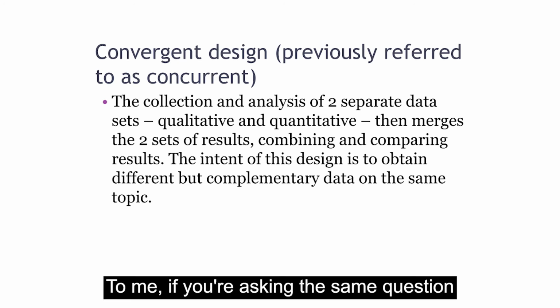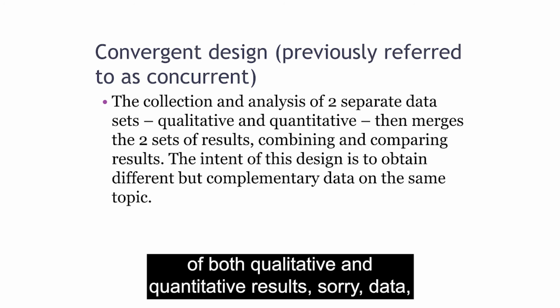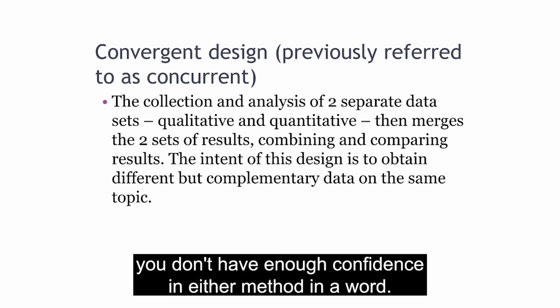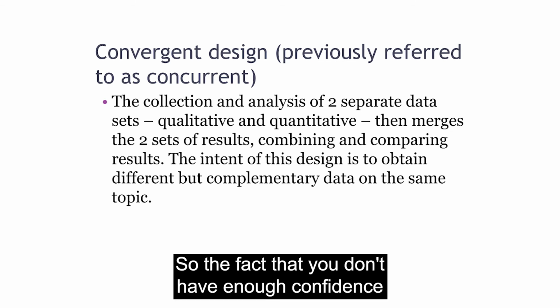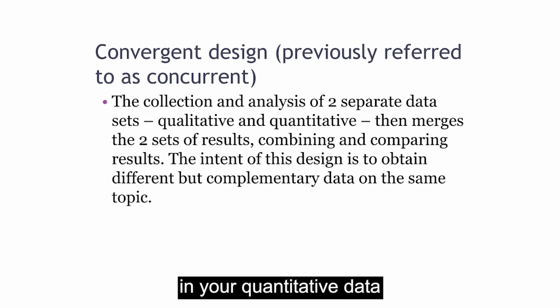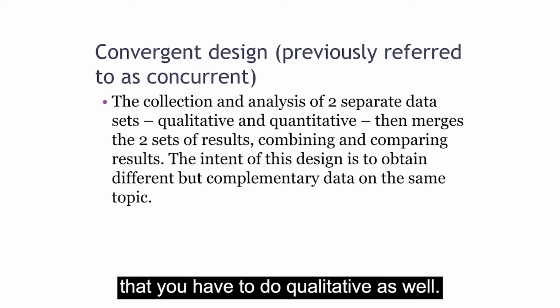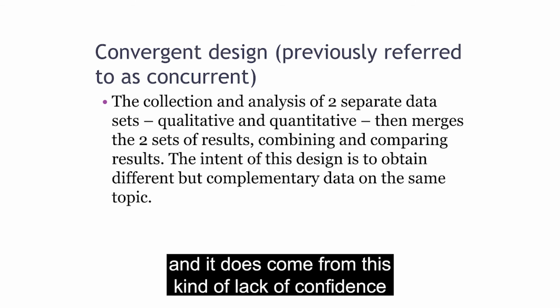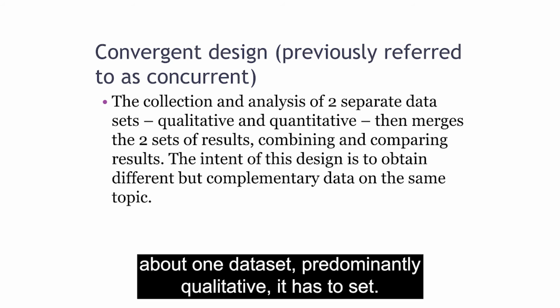To me, if you're asking the same question of both qualitative and quantitative data, and this is just a personal view really, you don't have enough confidence in either method, in a word. The fact that you don't have enough confidence in your quantitative data that you have to do qualitative as well, to me, this is the oldest type of mixed methods, and it does come from this kind of lack of confidence about one data set, predominantly qualitative, it has to be said.